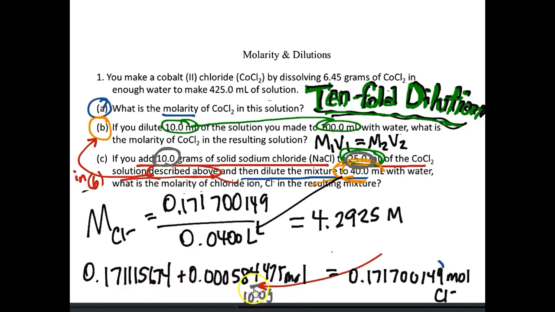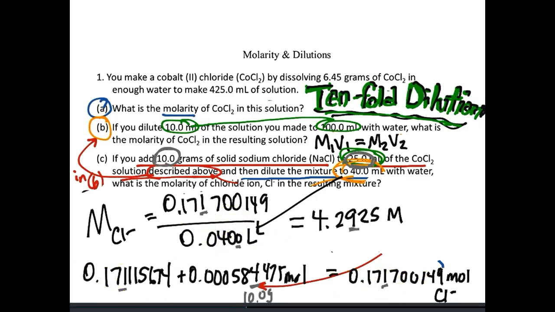The second number is accurate to 3 digits after the decimal because it came from the 0.0117 number, the molarity from part B, which also has 3 sig figs. So here we have a number with 3 digits after the decimal, and this number has 1, 2, 3, 4, 5, 6 digits after the decimal. When you add them together, the answer should only have 3 digits after the decimal. You round to the less accurate number, so the sum is only accurate to the thousandths place.